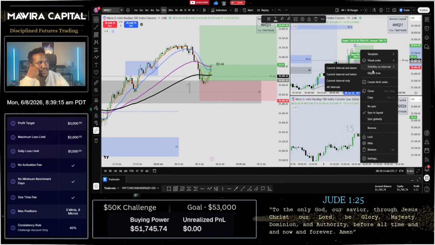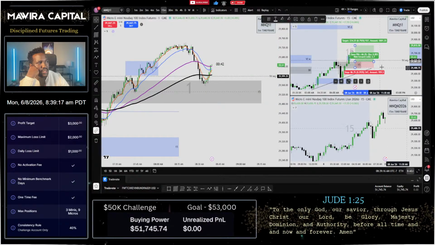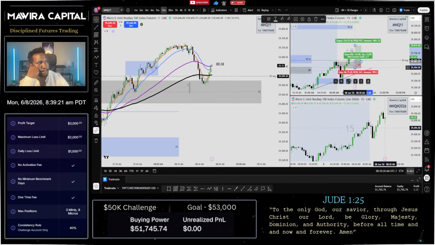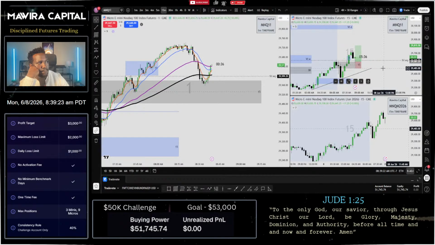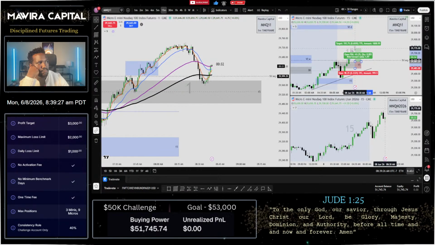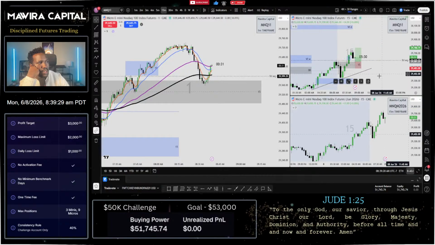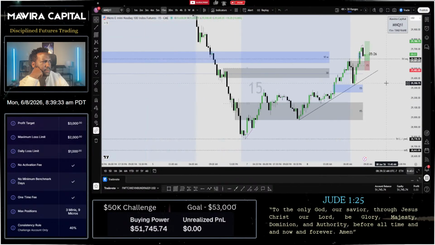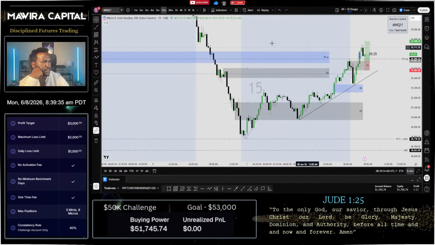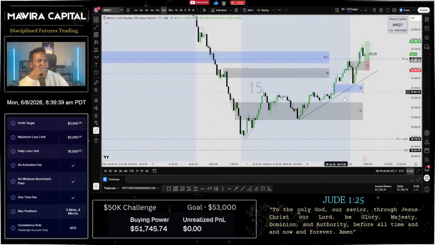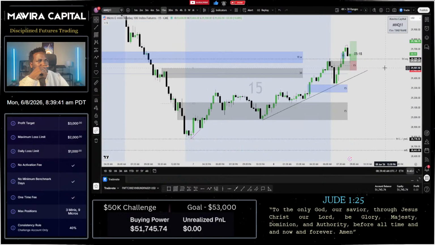I'ma just do visible current interval only. And then 1:2. And there was a trade earlier. I think I saw one. Did I see a trade earlier? On the 30-minute. Where was it? No, never mind.